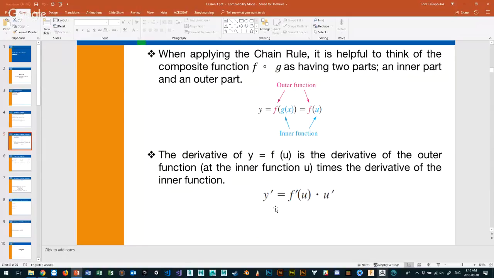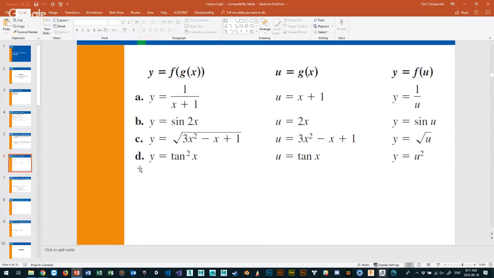All right, and it gets complex depending on the kind of examples we get. So here's some examples, where y is equal to f of g at x. And we sometimes break it up like this, where we say u is g at x, and we can also say that y is f at u.